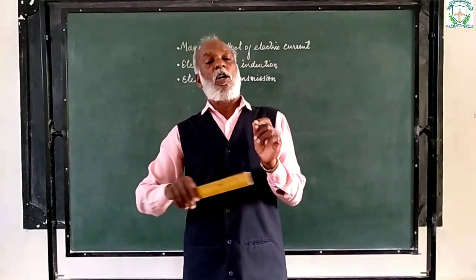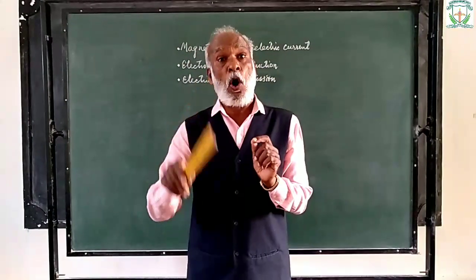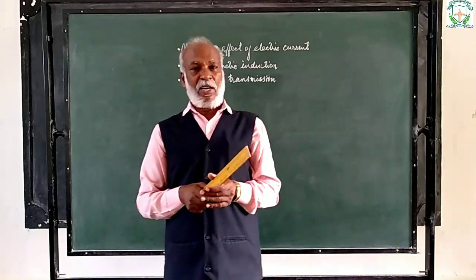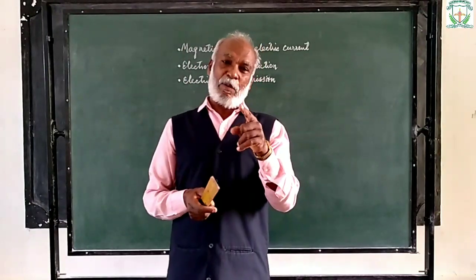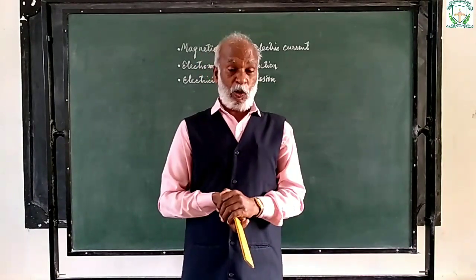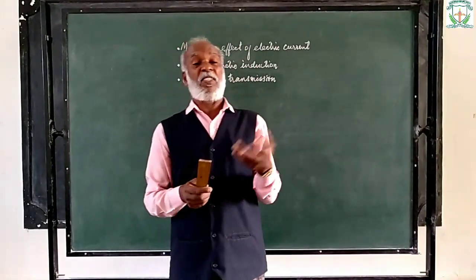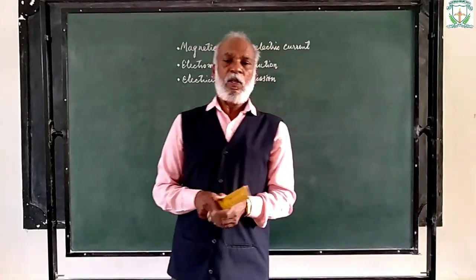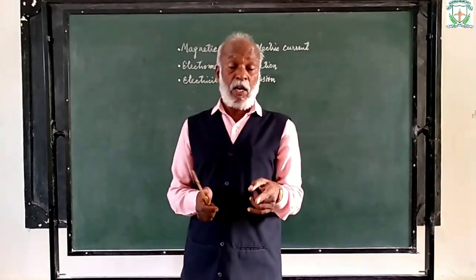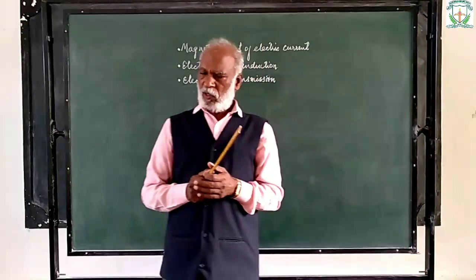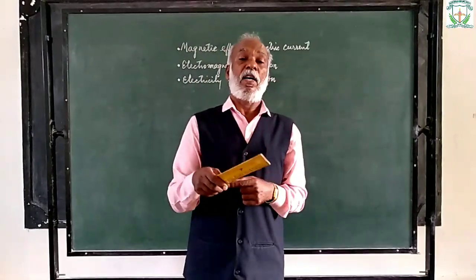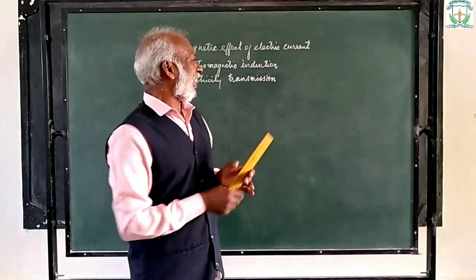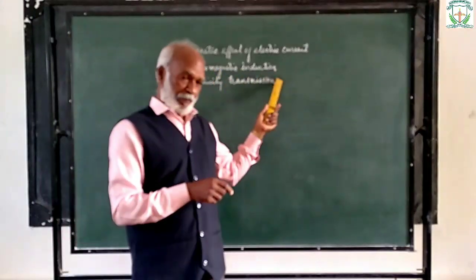If the diameter of the conductor coil decreases, then the induced EMF increases. So induced EMF depends on the number of turns of the conductor coil, next the strength of the magnetic field, and third the diameter of the coil. These are the things we discussed in the second lesson, electromagnetic induction.